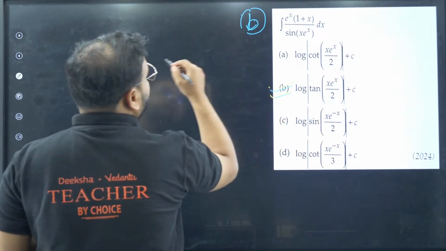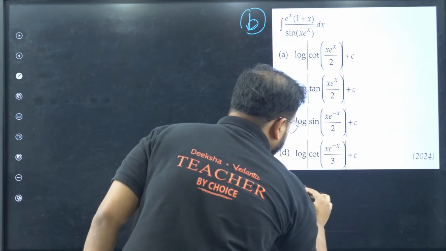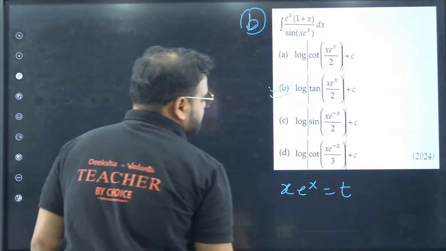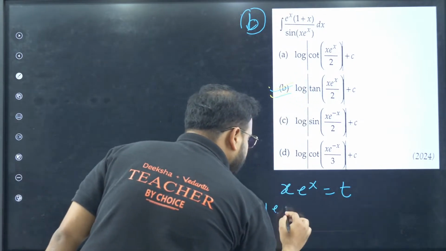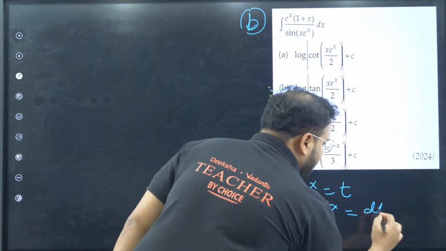We have to use substitution over here. We can write x e power x as t. Differentiate, we get 1 e power x plus x e power x equals dt by dx.